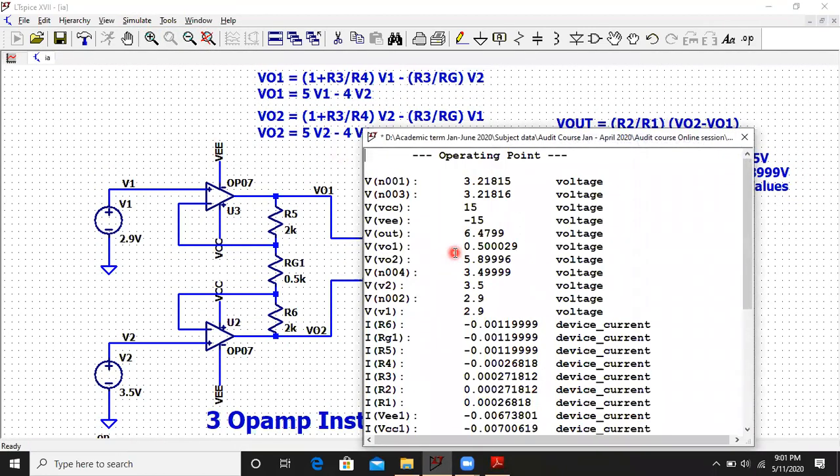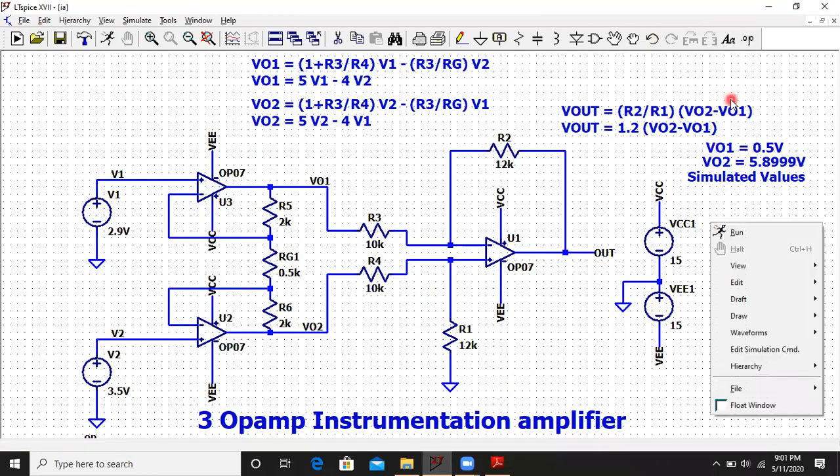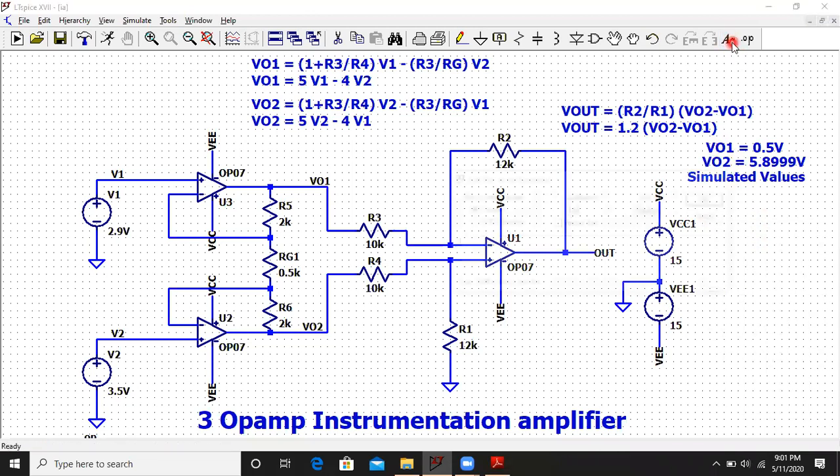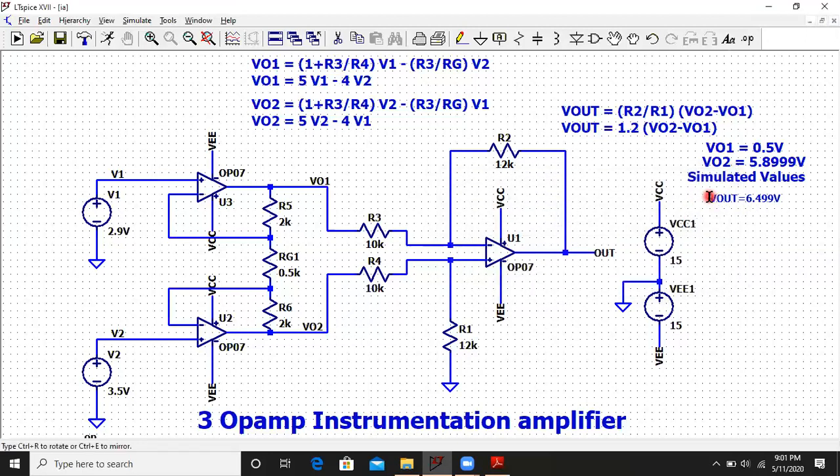Now let us check the output value. So the output value is coming out to be 6.4799. So let us write also that value over here. So V out is equal to 6.499 volts. I think it's 6.4.